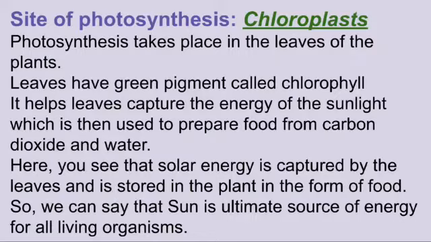plant to grow. So can you tell me whether photosynthesis takes place in other parts of the plant also? Yes. The green stem and branches of the plant can also undergo the process of photosynthesis. For example, cactus. Have you seen the cactus plant? Cactus plants don't have leaves, but they have stems.